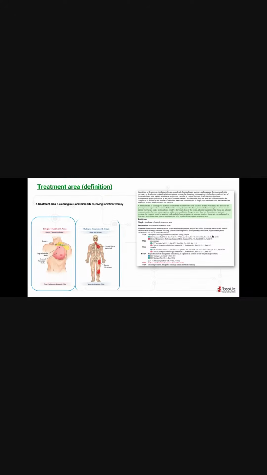Now let's look at the next example, where the patient has metastasis in the femur and the cervical spine. Now they are completely separate body regions, right? You can see that in the image itself. And in this scenario, each site would be considered a separate treatment area.